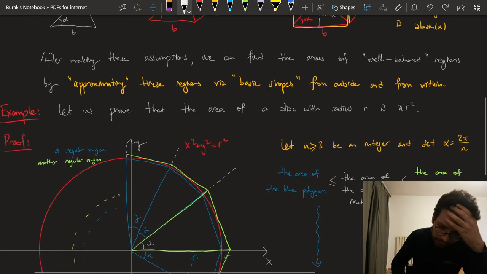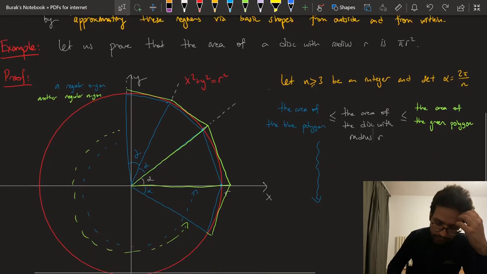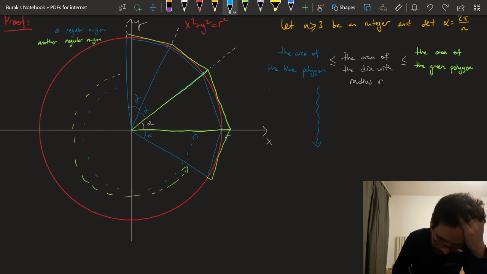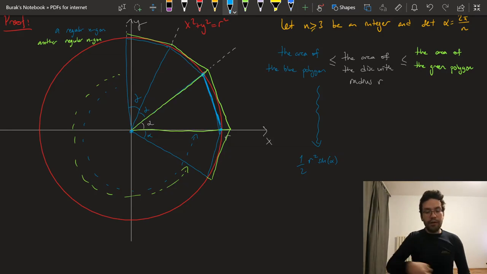It is, from the formula that I derived over here, 1/2 times, you see, this side has length r and the other side has length r, so it's 1/2 r squared times sine alpha. And how many such triangles do I have in this polygon? This polygon is made up of n triangles like this. So the area of the blue polygon is n times the area of one of these triangles.